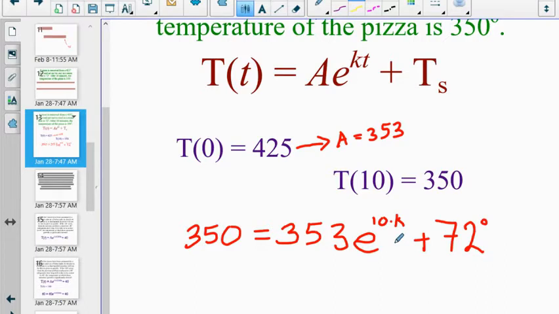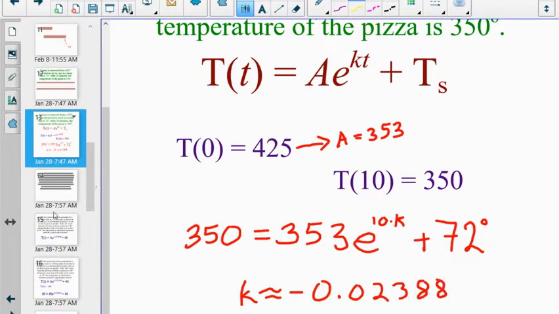I'm going to go into more detail a little bit later, but this is just algebra. Subtract 72, then divide by 353, then undo the exponent with the natural log, then divide by 10. Ultimately, when you get done with this one, you should have k approximately equal to negative 0.02388.